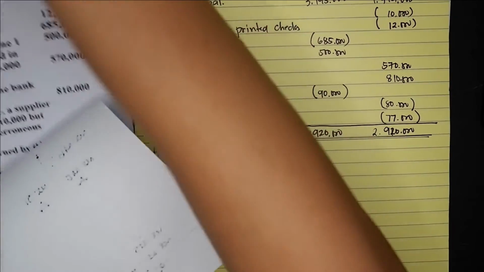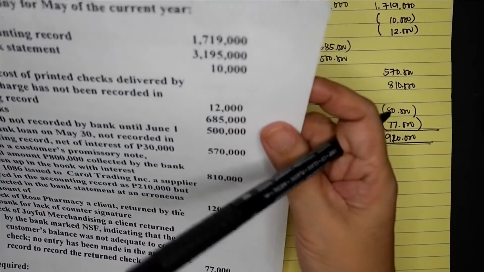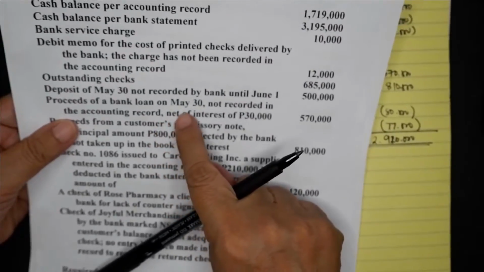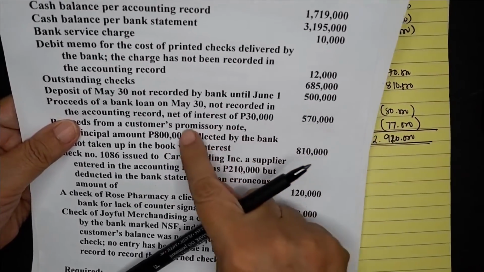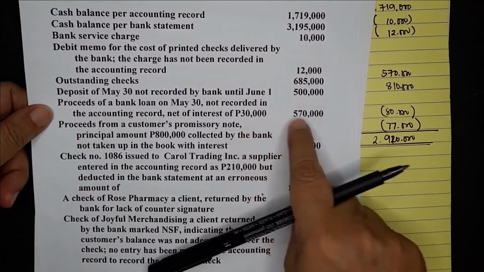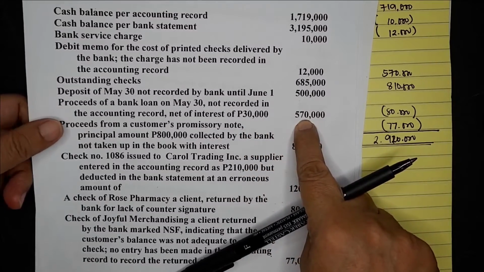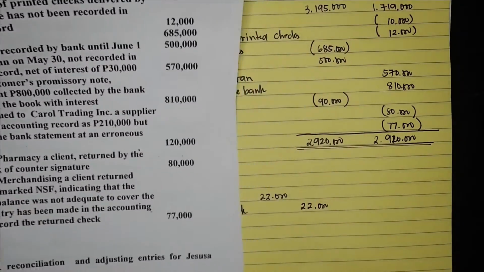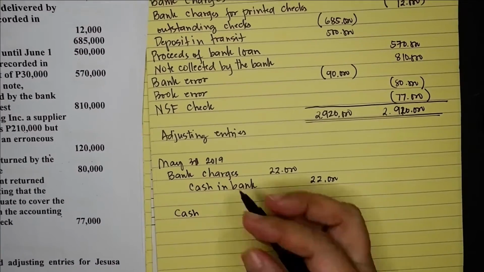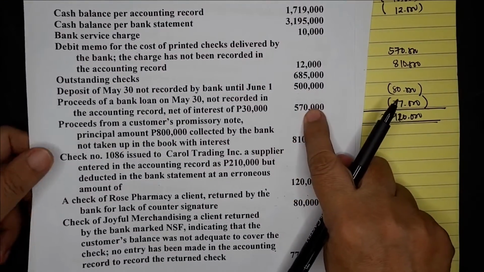Then we have the 570. What is this 570? That is proceeds of bank loan, net of interest of 30,000. If we say net of interest, it means the 30,000 were already deducted from the 570. So, our entry, debit cash in bank of 570,000.